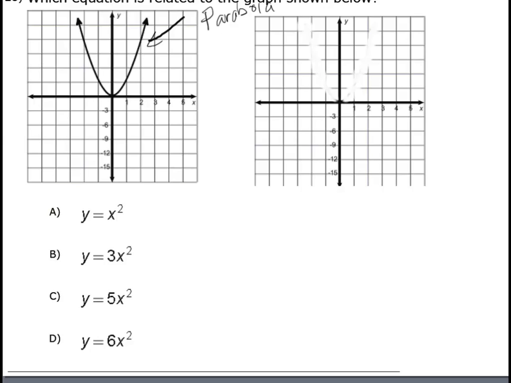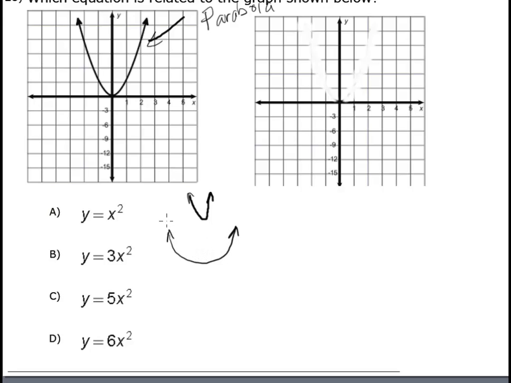This question relates to that specific point. It says, which equation is related to the graph below? Now, everything relates to whether the parabola is narrow or whether the parabola is wide.